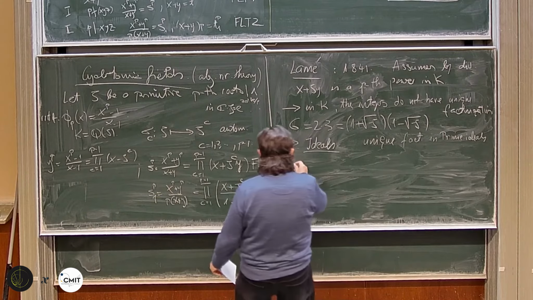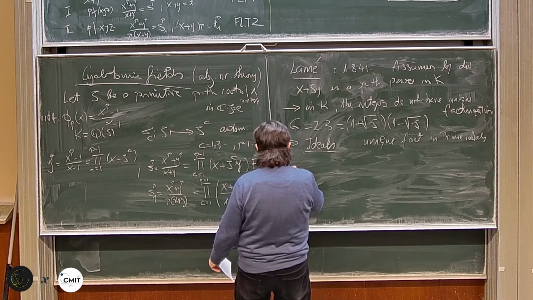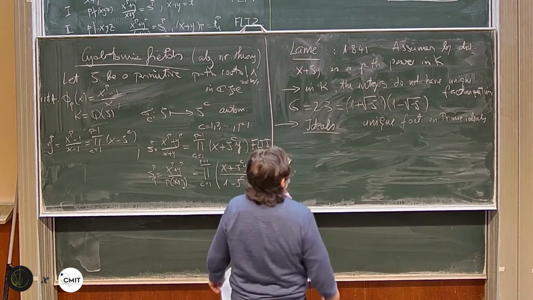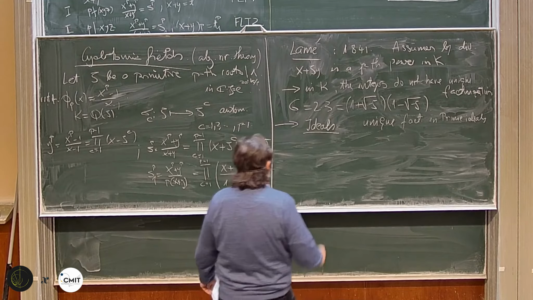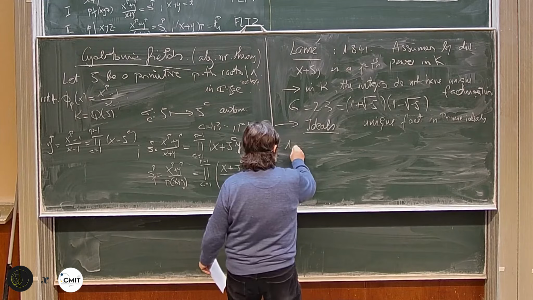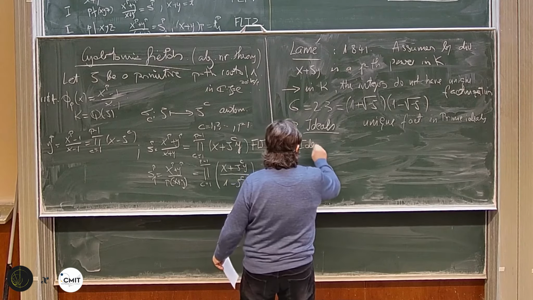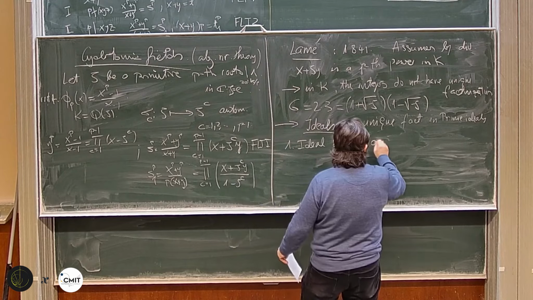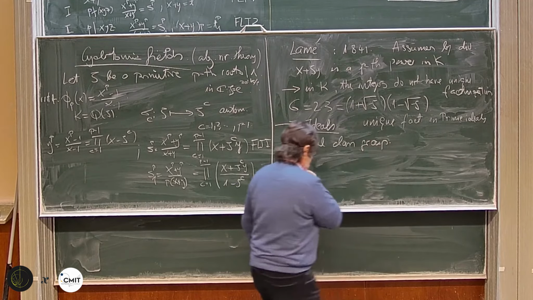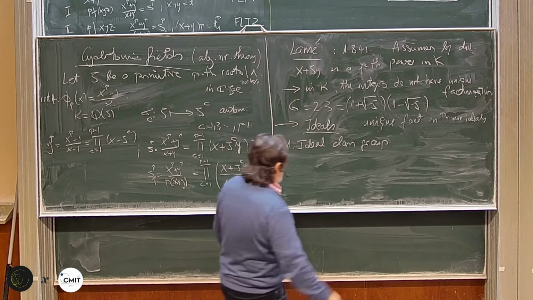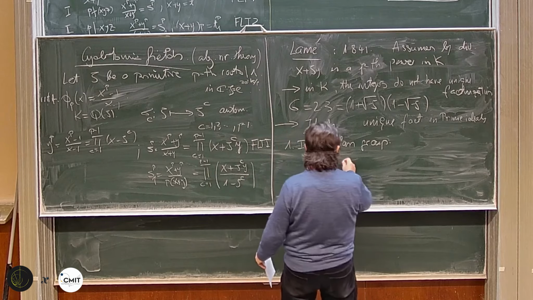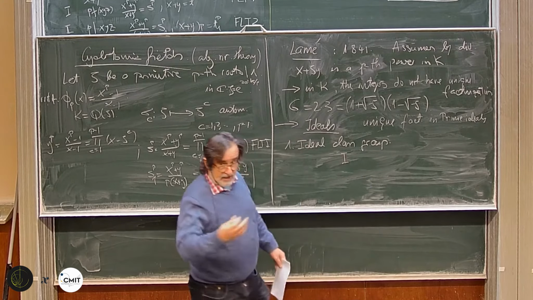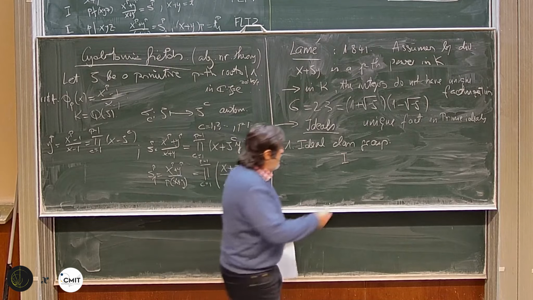Let me define some more notions which are useful for discussing what followed. One notion is the notion of ideal class group. And that is the following thing. Imagine you have all the ideals of a given field.